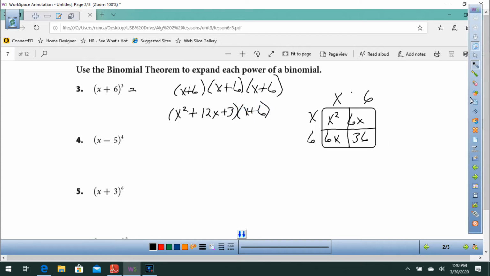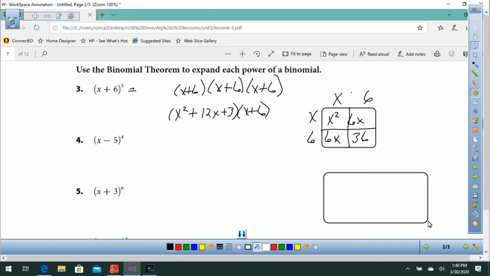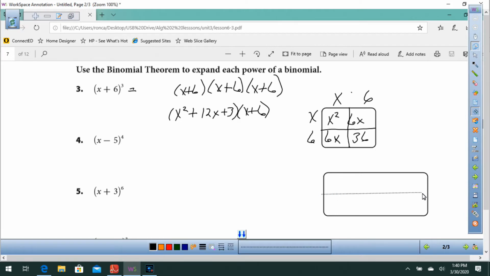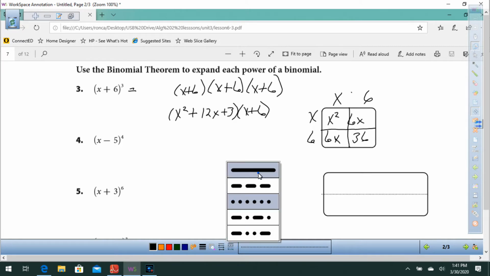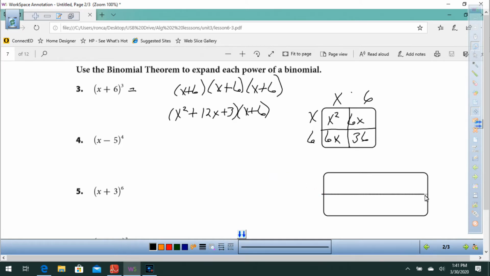Now we're going to need another box. So we have x and 6, and then we have x squared, we have 12x, and we have 36.